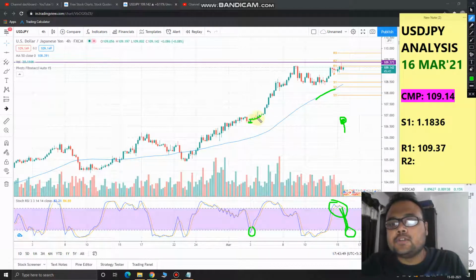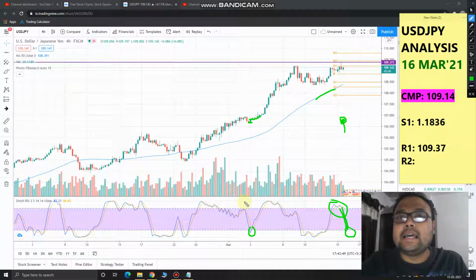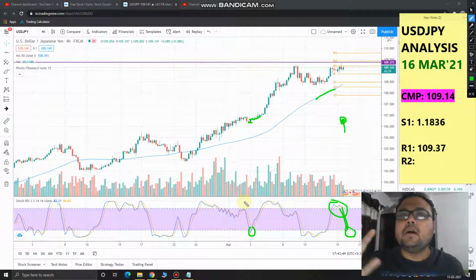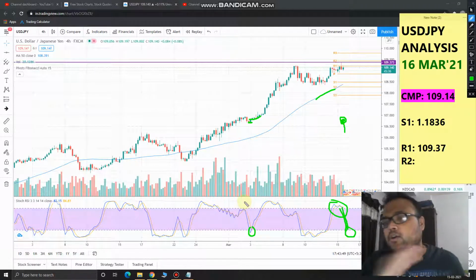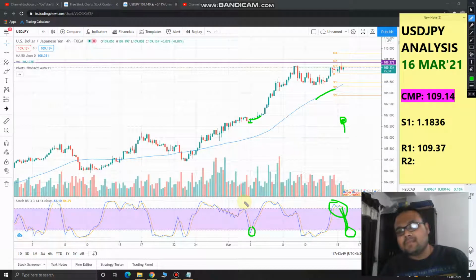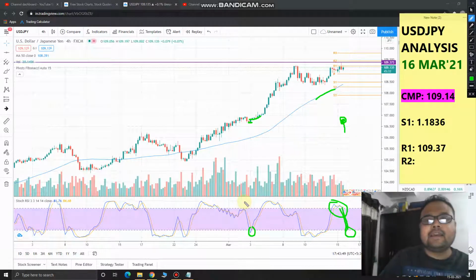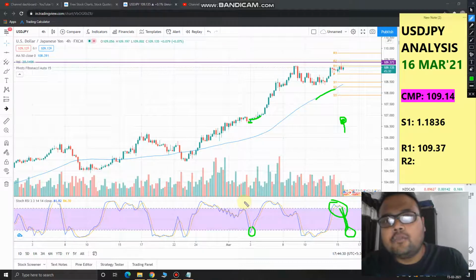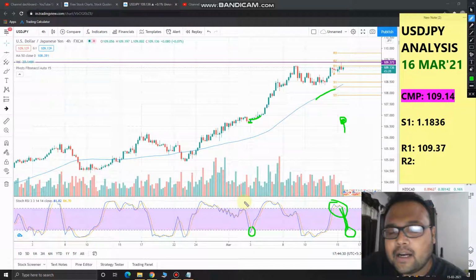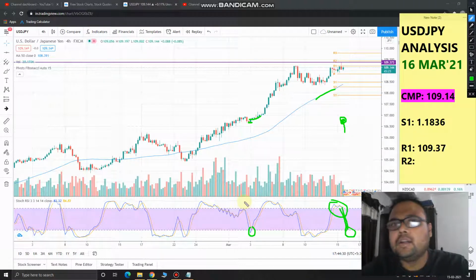So in that case also, when you see the stochastic RSI is ready to move up again, go and grab it. Just keep your stop loss below the 50 moving average and go on with the trade. And your take profit will be, I'll say, just be on the trade as long as the market is trading above this 50 moving average.